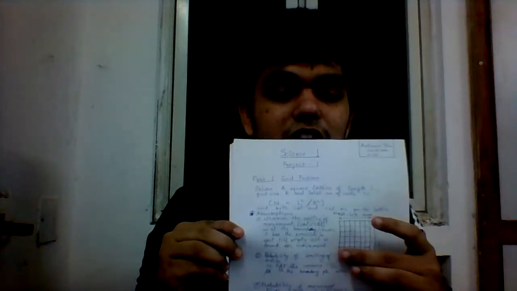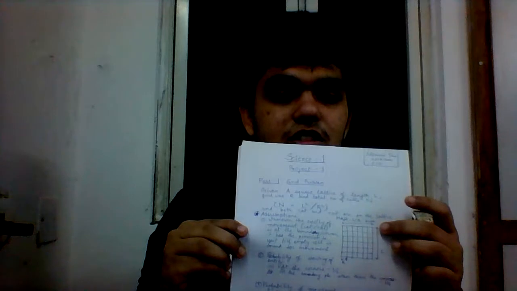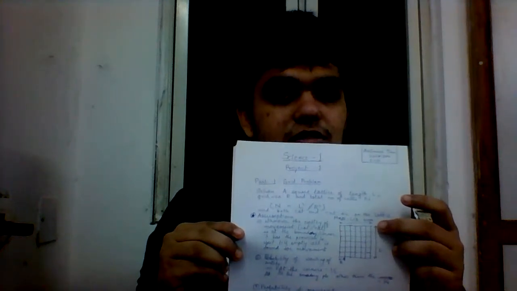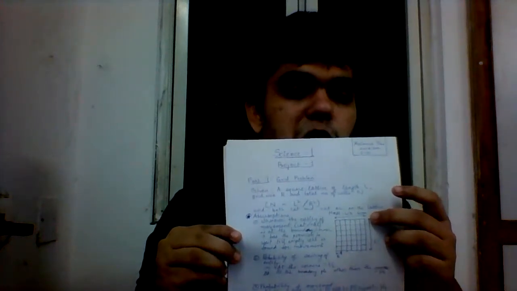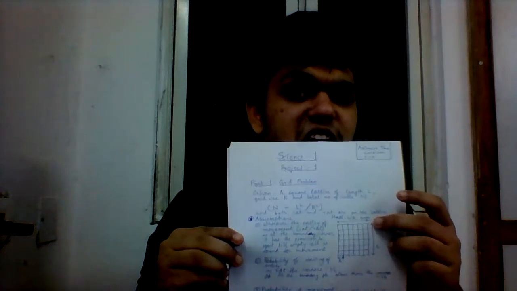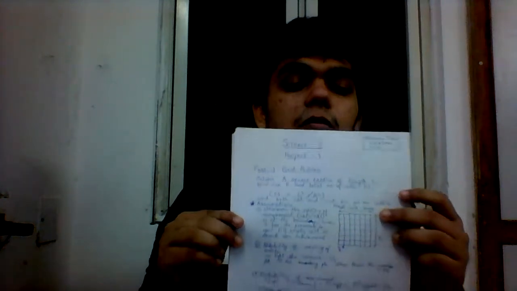So one of them is at the origin, the other is at the top right corner. That's one case. And second, wherein you saw the grid, there's the center over there. That's where they start from.